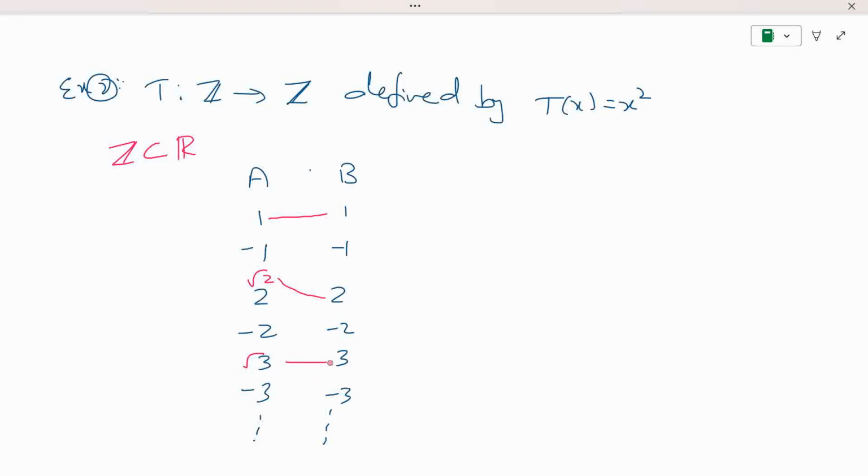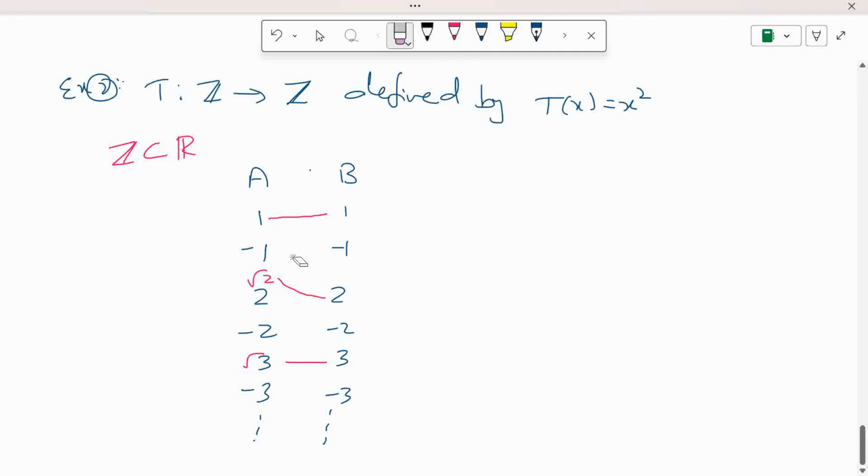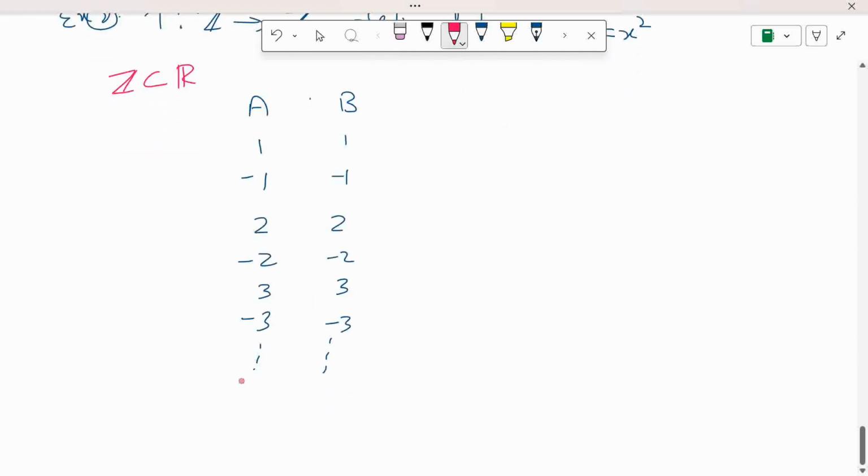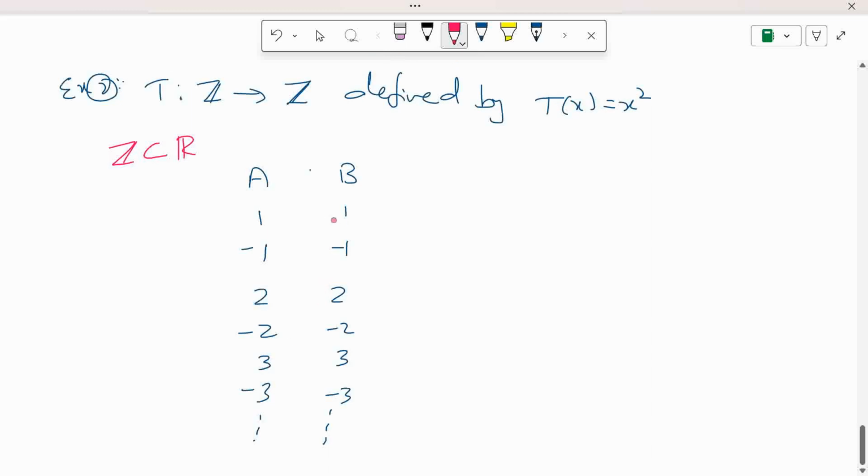But in integers we don't have this. So 2 we cannot map because square root of 2 is not present in the set A, as it contains only numbers without decimals.